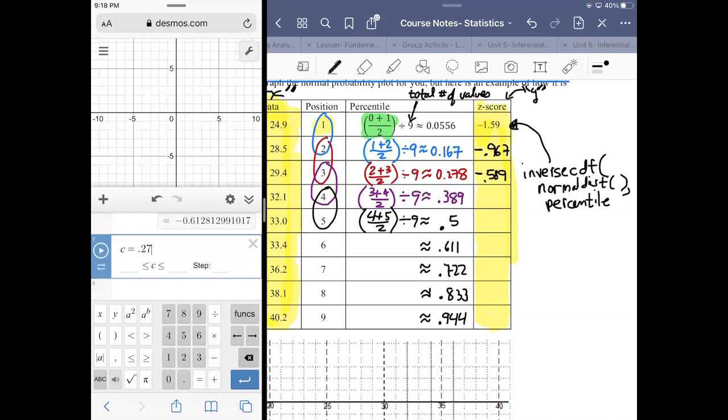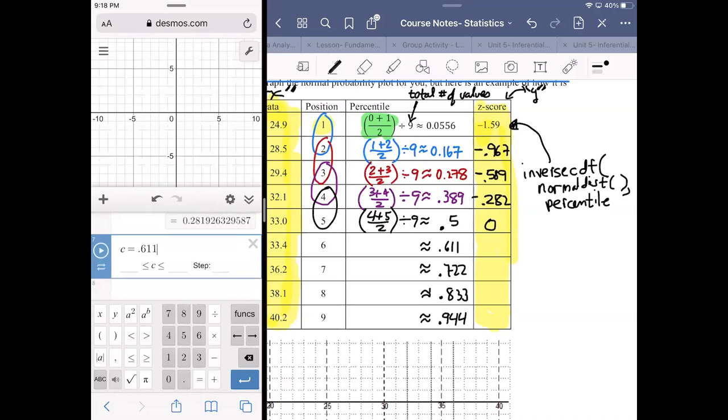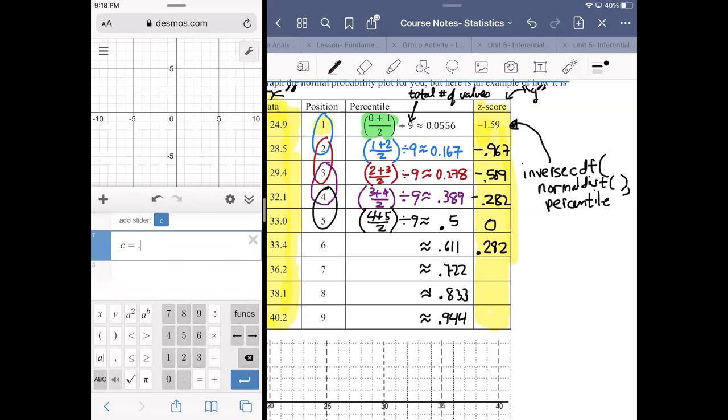And then I would just keep manipulating it in here. So 389 would become negative 0.282. 611 becomes 0.282, but positive. 722 becomes 0.589, but positive.